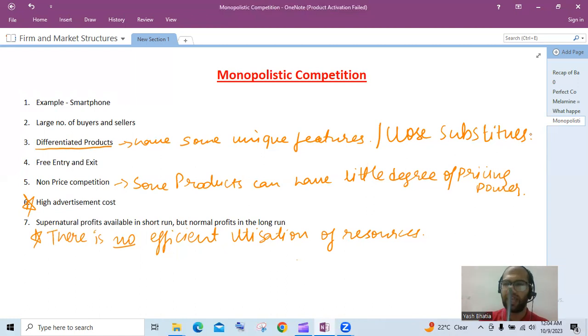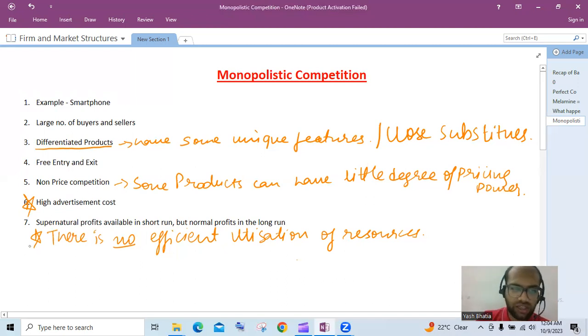That means AR minus AC should be zero, right? Normal profits, there should not be any economic profits in the long run. And a very important point: in monopolistic competition there is no efficient utilization of resources.